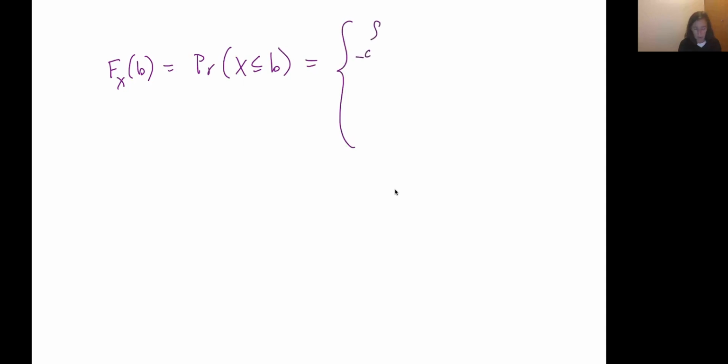So thinking about what we're doing more generally, finding the CDF of X is always equal to the probability that X is less than or equal to B. And when X is continuous, it's just what I said before. It's the integral from negative infinity to B of the PDF of X. That's for X that's continuous.